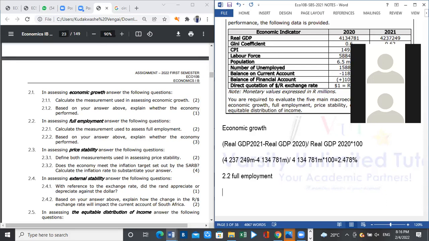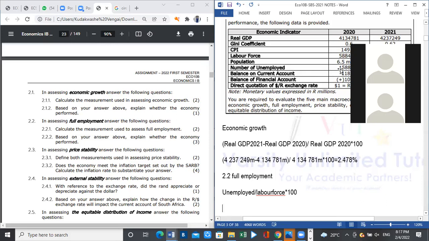We are mostly interested in the strict definition because it gives us a clearer picture of unemployment within a nation. Unemployment is calculated as the unemployed divided by the labor force, times 100.